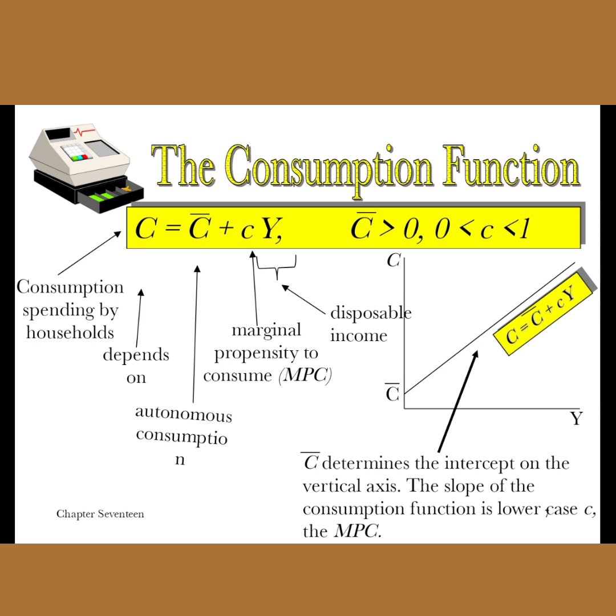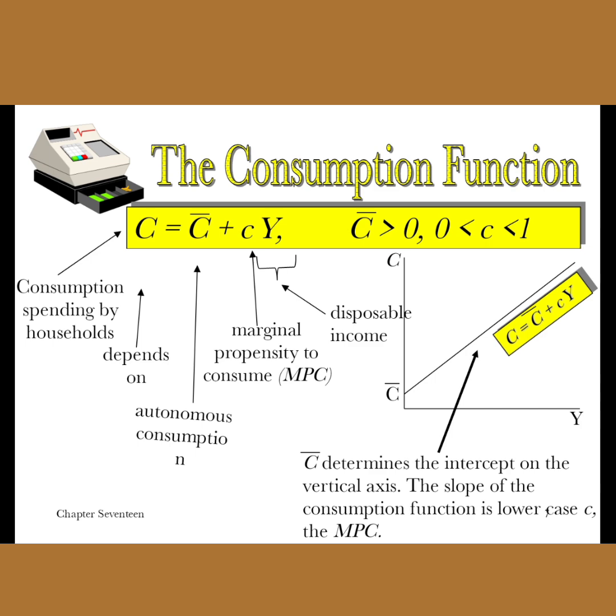As you see in the graph here, if the national income is zero, we can have a certain amount of consumption which represents the autonomous consumption.